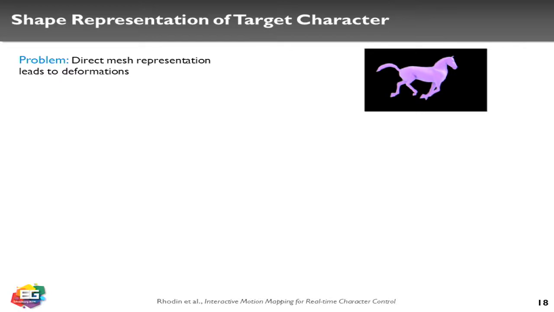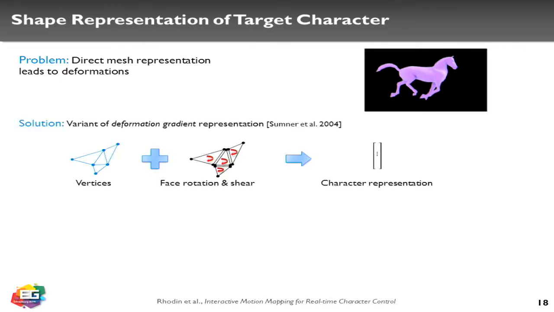A better representation is to consider how the mesh deforms between keyframes. So the solution is to represent the mesh as a set of vertices plus some face rotation and shear. This encodes how each triangle is rotating between frames.